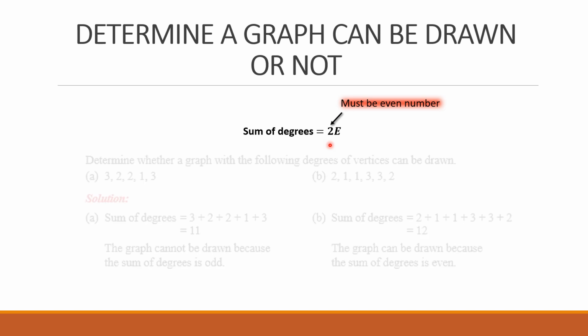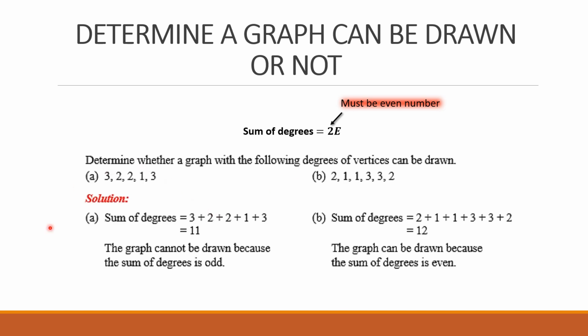So as you can see in the example here, determine whether a graph with the following degrees of vertices can be drawn. The first one: 3, 2, 2, 1, 3. When we find the sum of degrees, the answer will be 11. And we know that 11 is an odd number. So the graph cannot be drawn because the sum of degrees is odd.